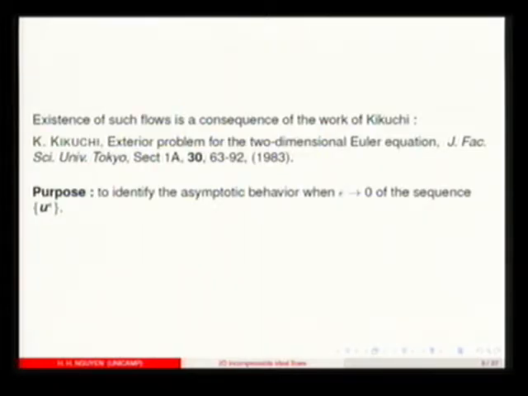For the existence problem, Kikuchi already gave many results in this paper. The goal of our work is to identify the asymptotic behavior of the sequence U epsilon when epsilon tends to 0.